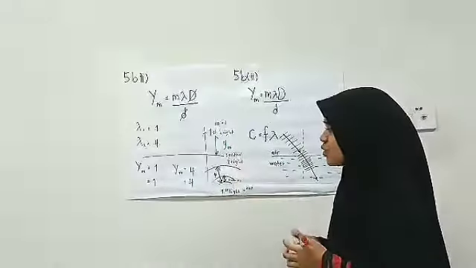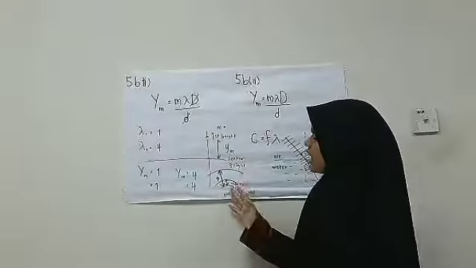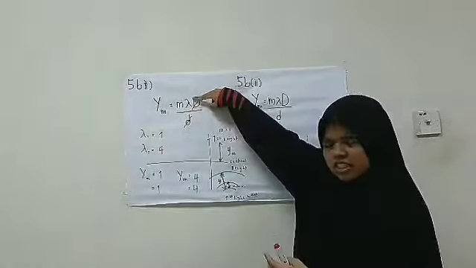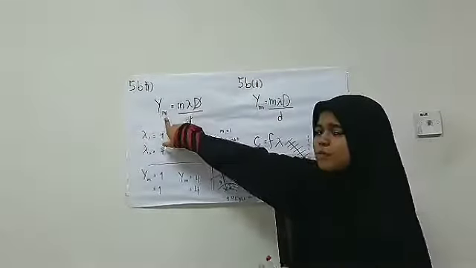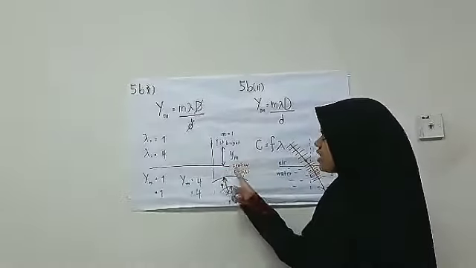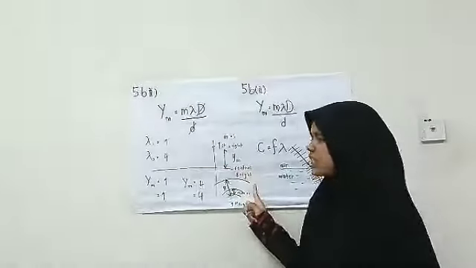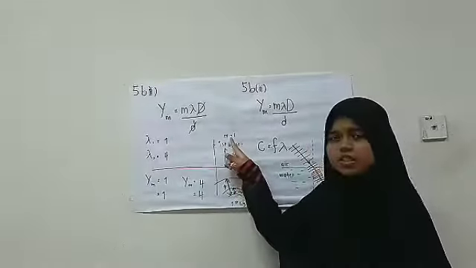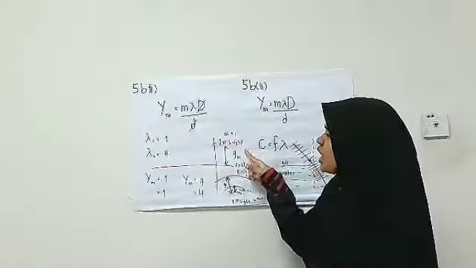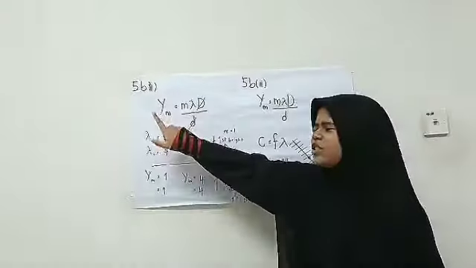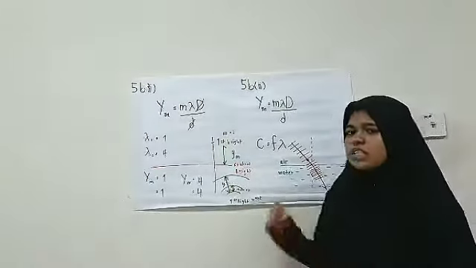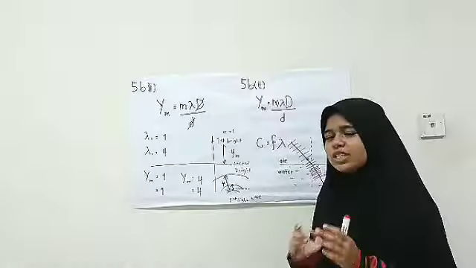That means when lambda is increased, Ym, which is the distance between the central bright fringe and the first bright fringe where m is equal to 1, is also increased. When Ym is increased, the interference pattern will decrease.